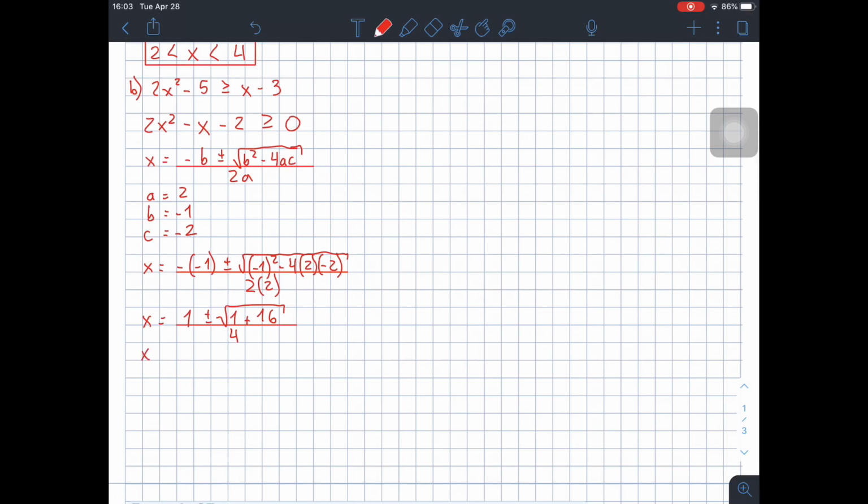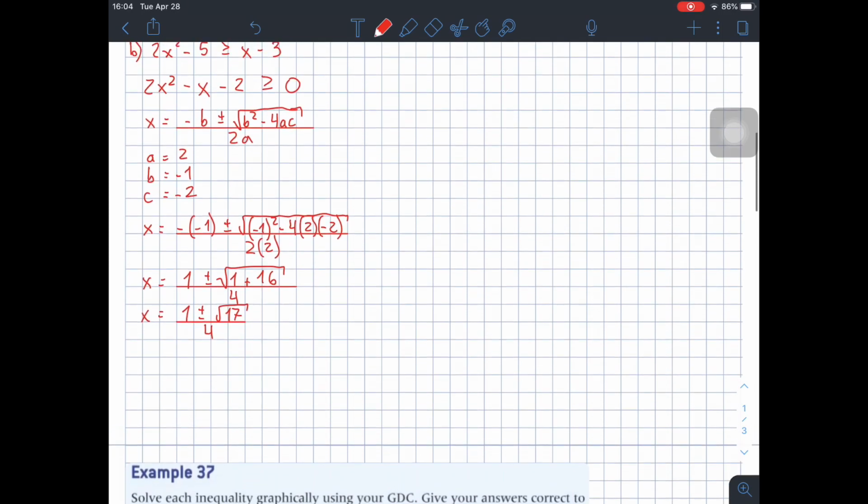So then this is 1 plus or minus root 17, we're just leaving it that way, over 4. So my two solutions are x equals 1 plus root 17 over 4, and x equals 1 minus root 17 over 4.